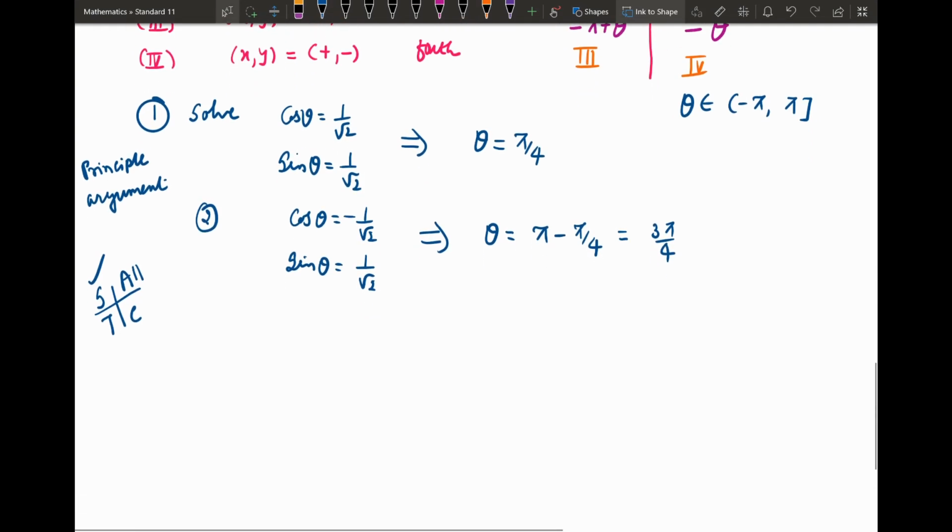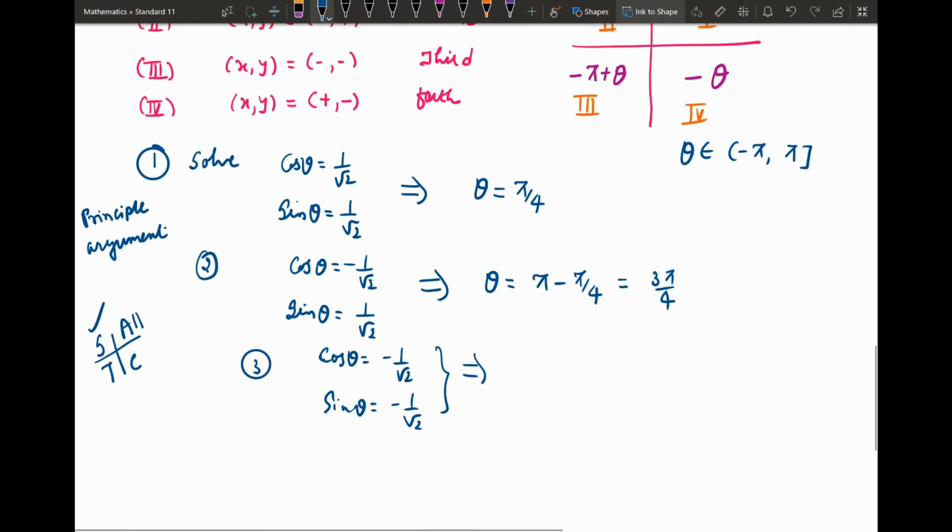Now observe all the 4 illustrations simultaneously, so you get a better idea. For example, cos theta minus 1 upon root 2, sin theta minus 1 upon root 2. Both are negative, so naturally the third quadrant. Forgetting sign, cos theta equal to 1 upon root 2 gives theta pi by 4. But to get the principal value of the argument we use the minus pi plus theta formula, because theta must belong to the interval minus pi to pi.